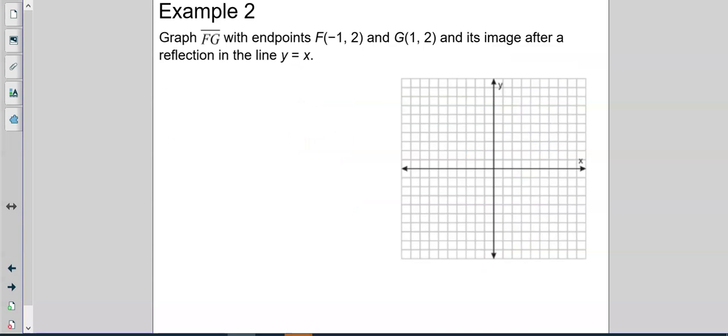All right, graph FG, -1, 2. So -1, +2. There's F. And G at 1, 2. Simple little line right there. F, G. And its image after the line y equals x. So the line y equals x is a special one. It is one that goes from here to here, corner to corner.